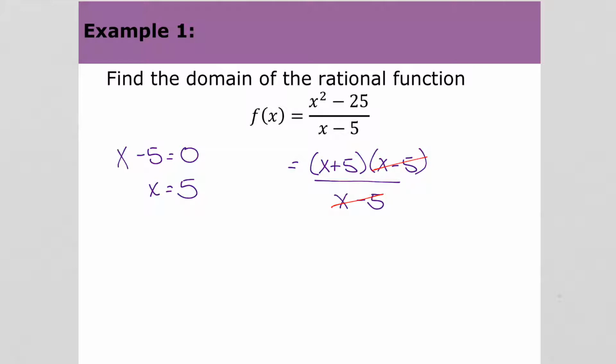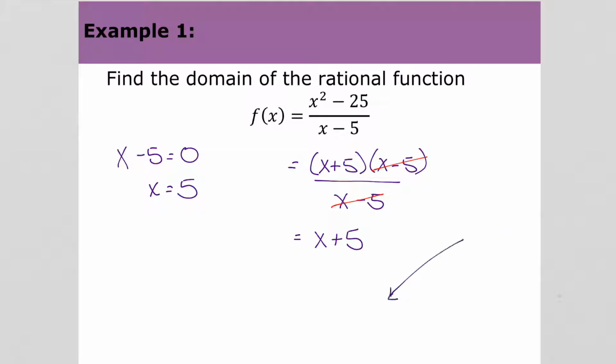Now that does not mean that x plus 5 is your function. Well, it kind of does. It would look like a line, yes. But this is still part of it. So what's going to happen is your line is going to look like this, but at x equals 5, there's going to be a hole.